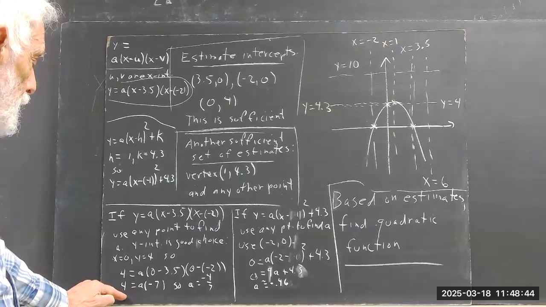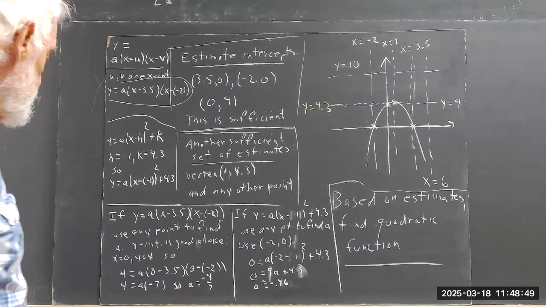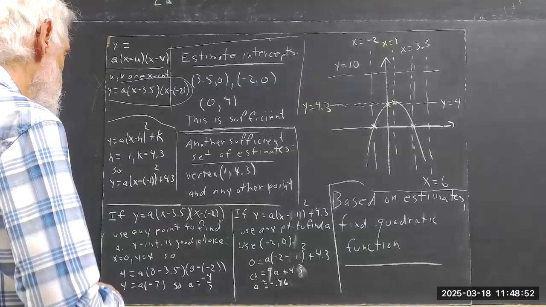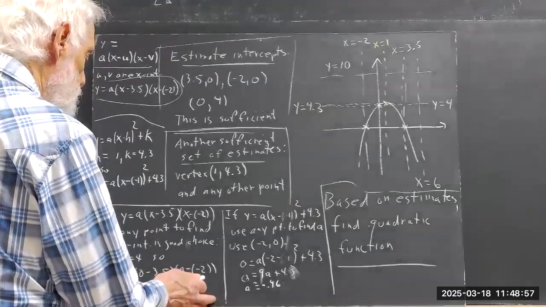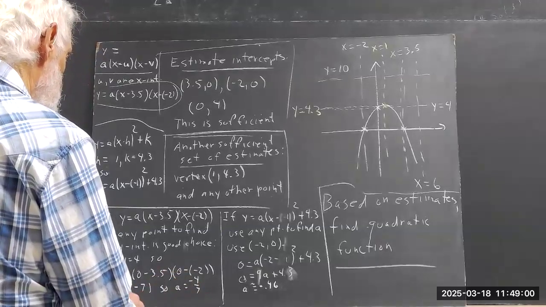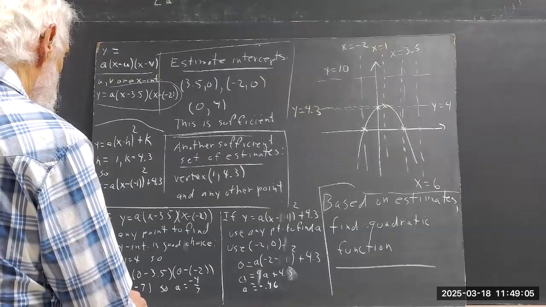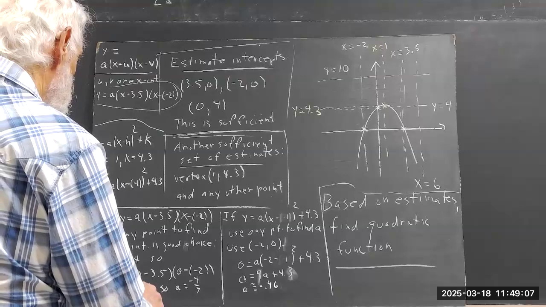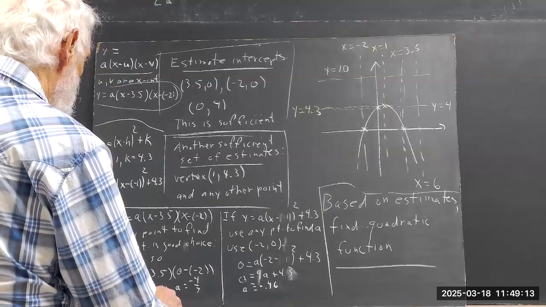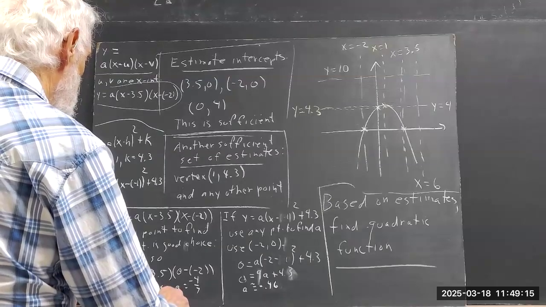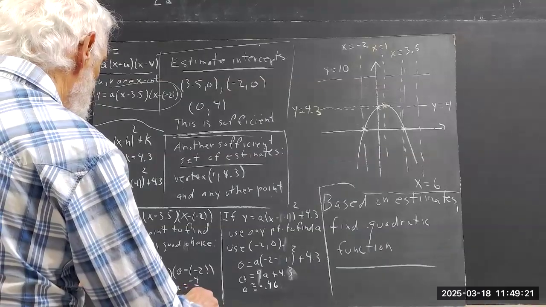Okay. So for this function, I didn't leave myself room to write it out very well. So I'm going to get y equals -4/7 of x times (x minus 3.5) times (x plus 2).